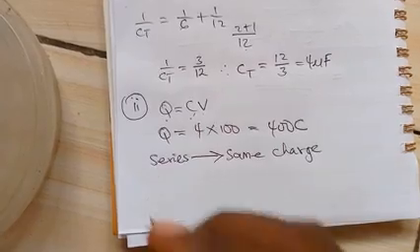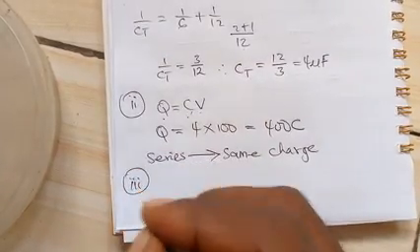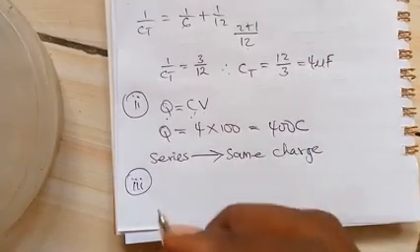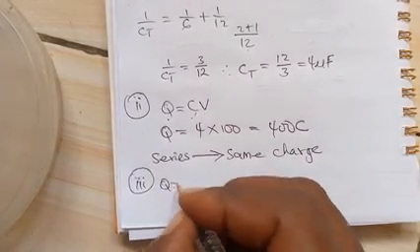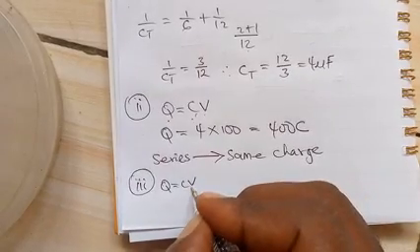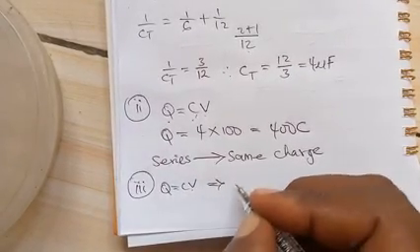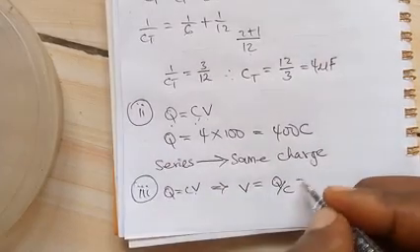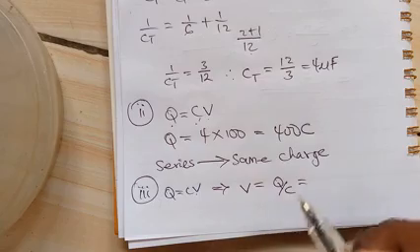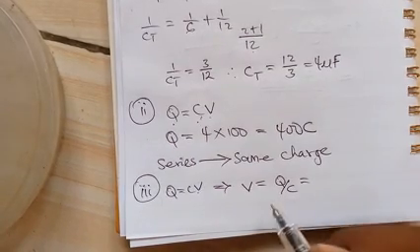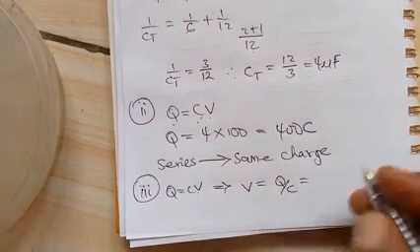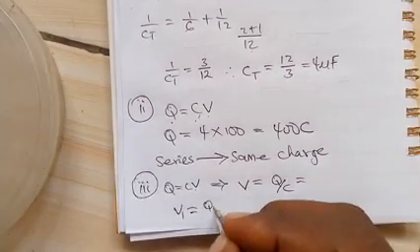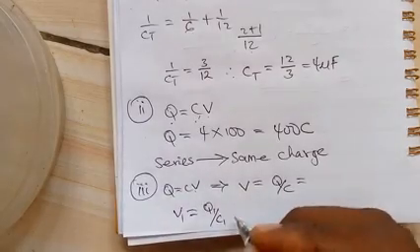The third one said we should get the potential drop across each capacitor. Now we know that Q is equal to CV. If we make V the subject of the formula, V is equal to Q over C. So for the potential drop of the first capacitor, V1 is equal to Q1 over C1.